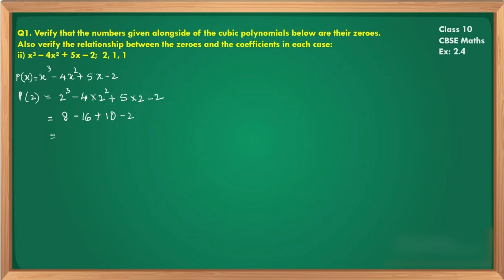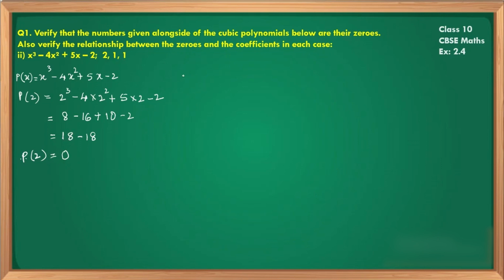Now you simplify, plus 8 plus 10 is plus 18. Minus 16 and minus 2 gives you minus 18. That is equal to 0. Therefore, P of 2 is 0. So the first number 2 is a zero of this polynomial.